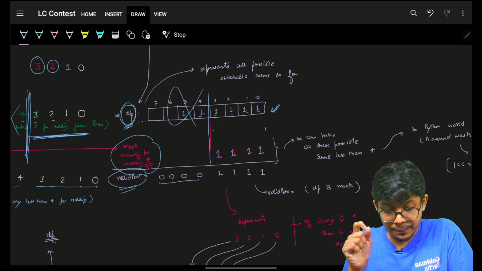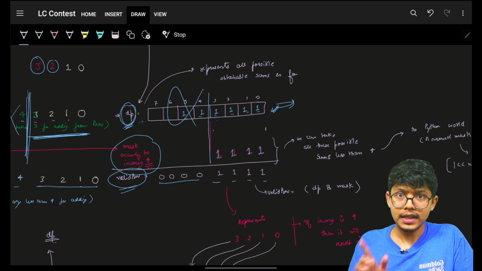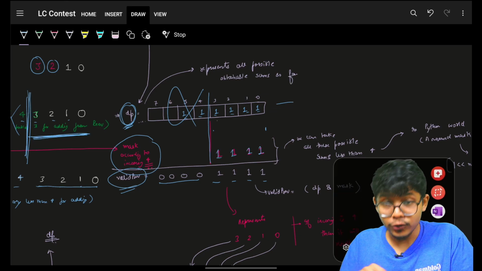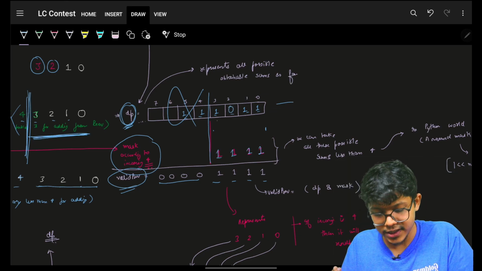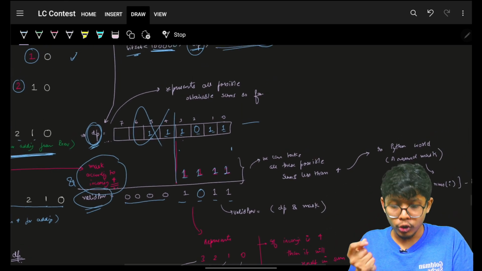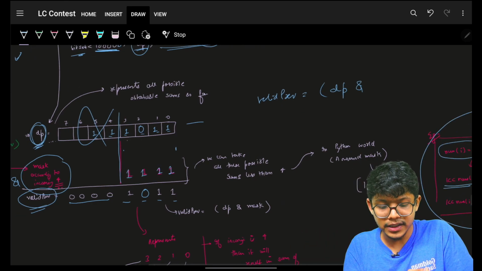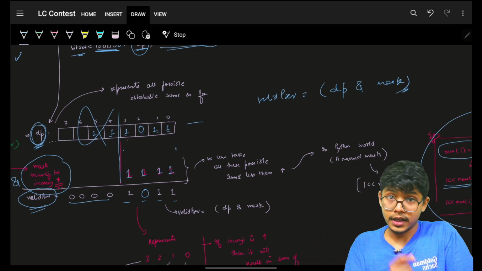Everything which is previously a sum will become a 1, right? And again, here it could have been possible that this 2 would be 0, so it will be a 0. So that's the reason I will take an AND. My valid previous will become my existing DP value AND with my mask. And you realize why?